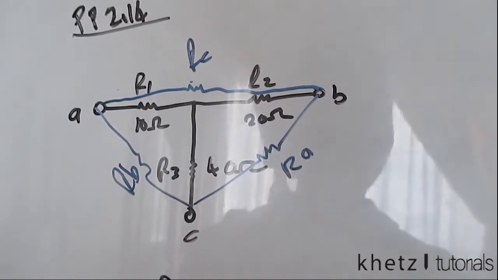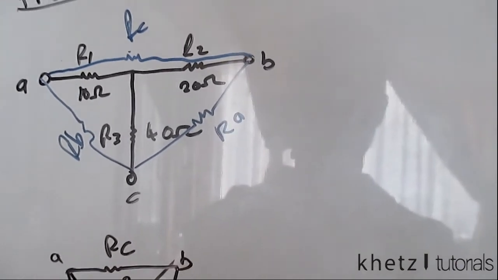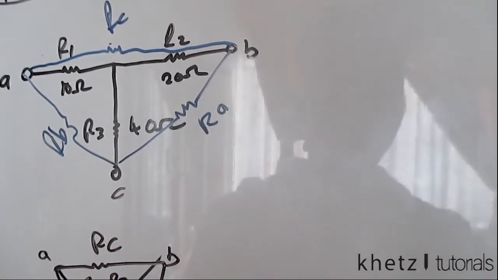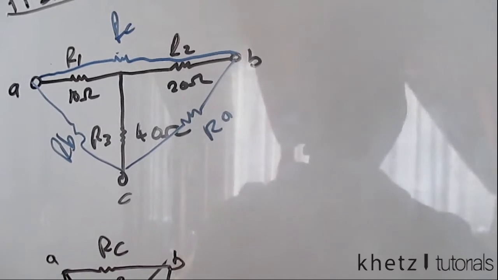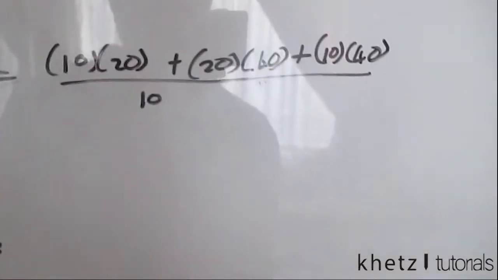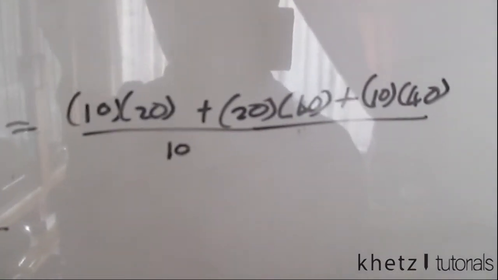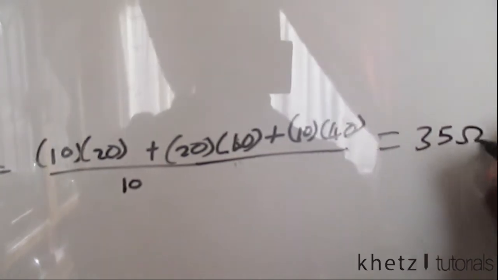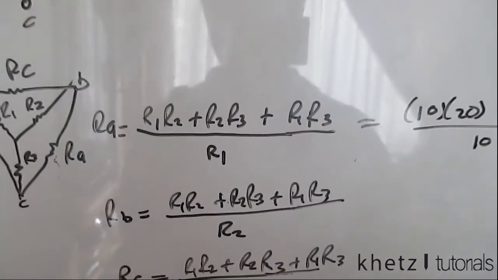So 10 multiplied by 20, plus 20 multiplied by 40, and finally 10 multiplied by 40. Now we just punch this into a calculator, and the answer should be 35 ohms. And you do the same for the others.